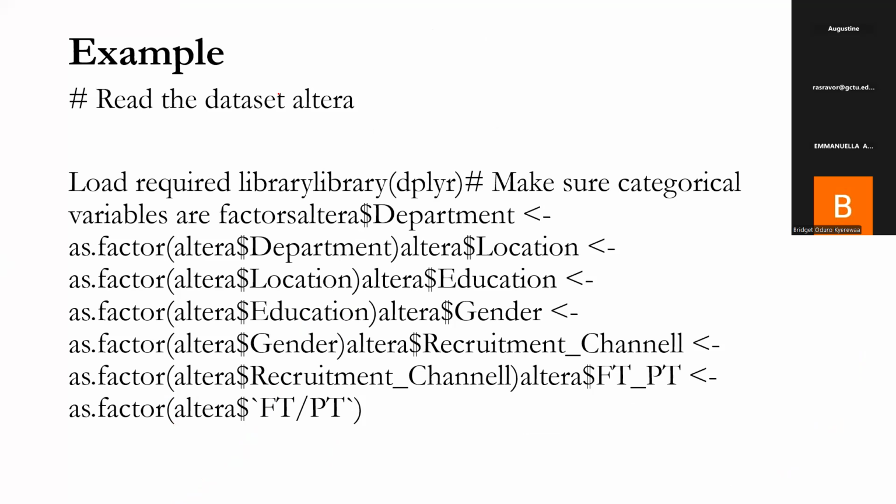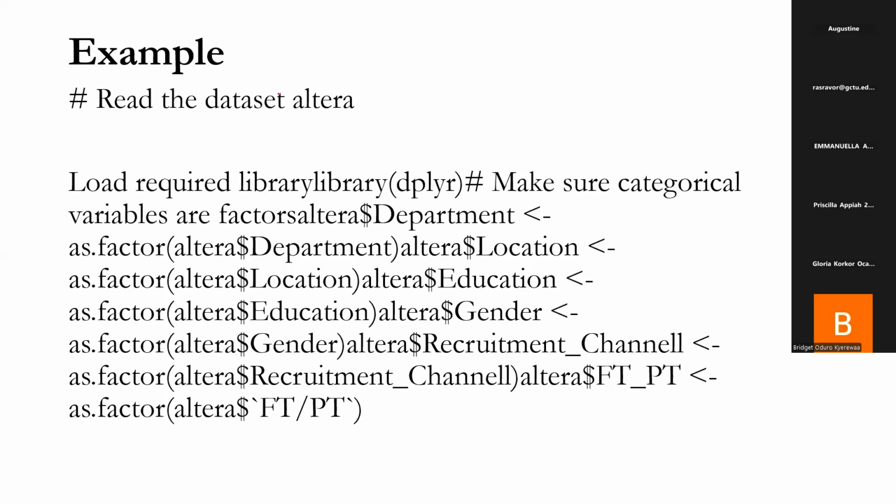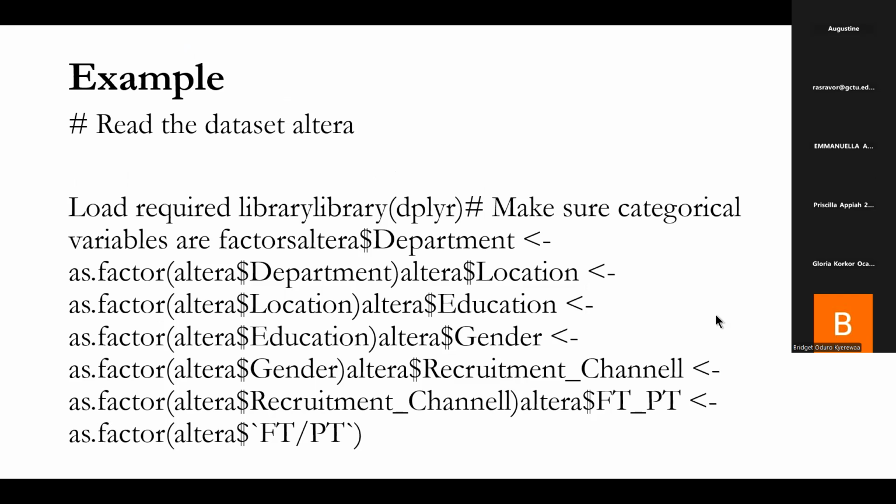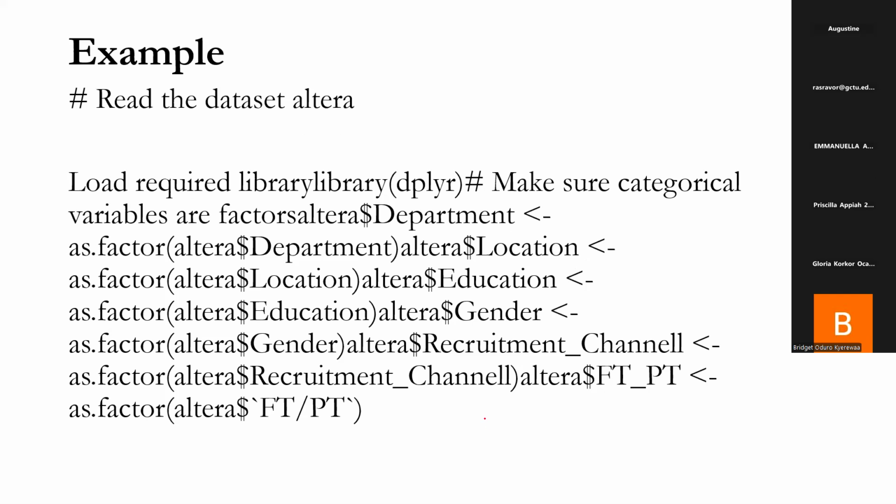Then we will change some of the variables into categorical variables. So, ladies and gentlemen, let's go to R to do the rest of the work, so that whatever we generate in R, we'll put it back into the slides and then interpret it.